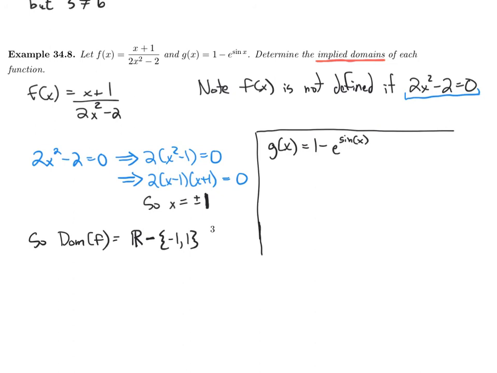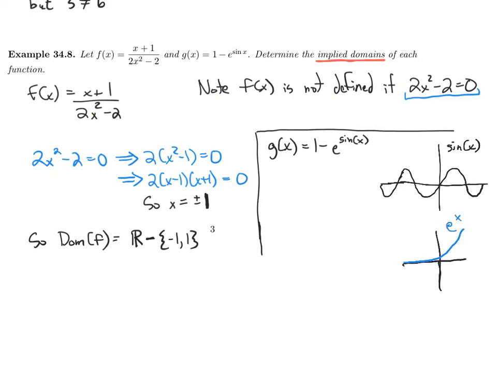Because remember, the graph of sine looks something like this, and it just keeps repeating ad infinitum. There's not a place where it's not defined. That's a rough sketch of sine of x. And e to the x, same idea. That looks roughly like that if you graphed it.